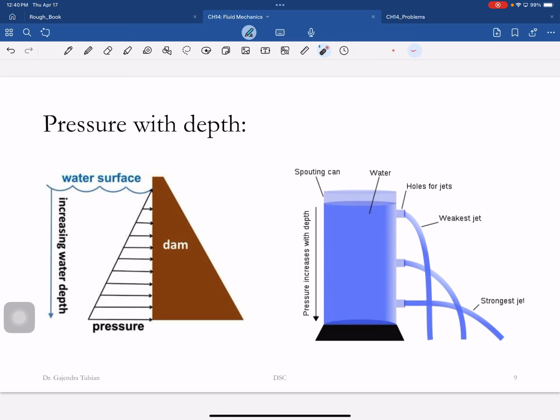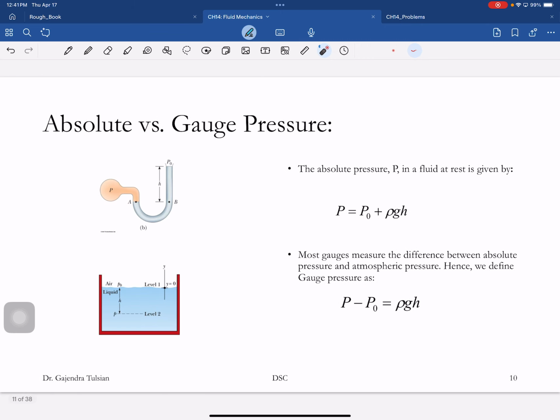But here's an interesting fact. For 0 viscosity, if you drop an object this height, you can calculate the speed at which it will be going. That's the exact speed at which this fluid will come up for 0 viscosity.